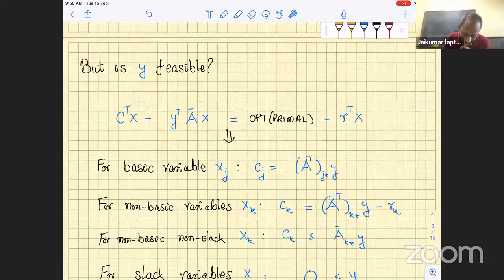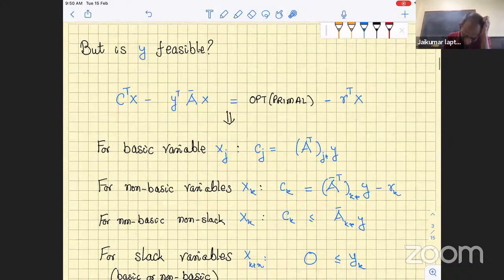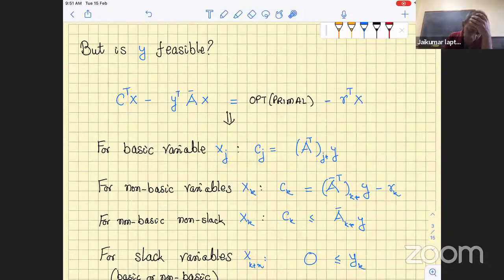If we compare, sorry, what did I do? Was there a B here or something that I'm missing on the left? So we know that C transpose X minus, correct me if I'm wrong.